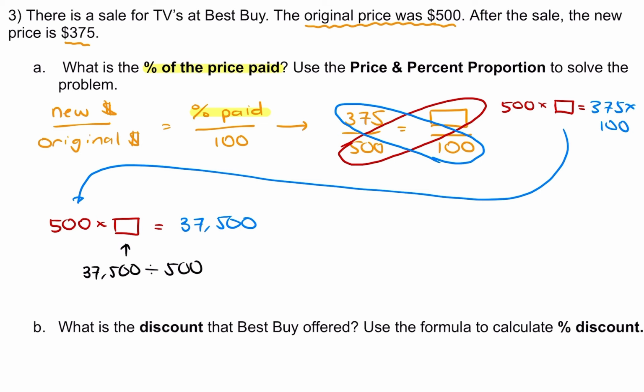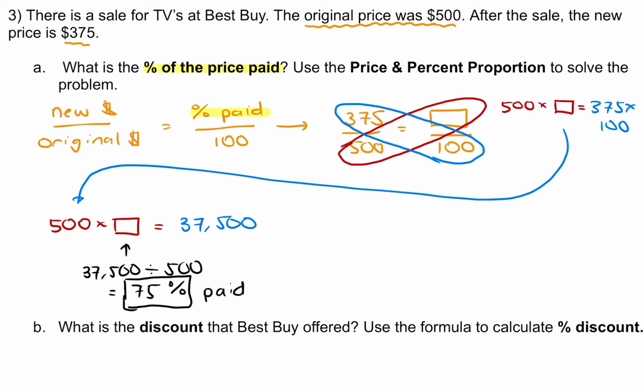We end up with 75. And it's important that you label what this number means, because a number without a story is not really helpful at all. Remember that what we were looking for was percent paid. So that's what this is. 75 means you're going to pay 75% of the original amount.